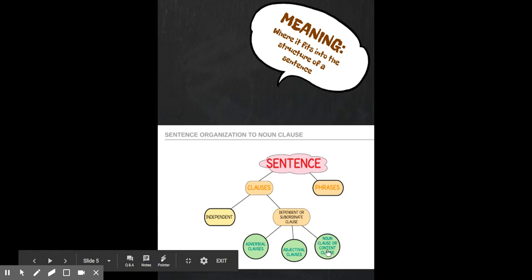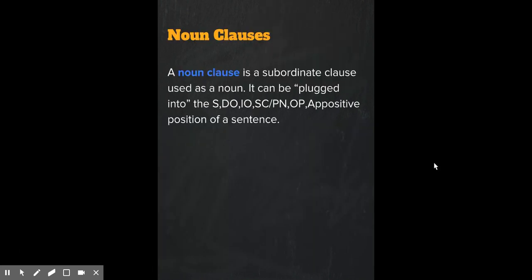Before we totally understand the complete definition, I wanted us to see the visual connection of where it all fits in the puzzle. A noun clause is a dependent or subordinate clause used simply as a noun. It's just replacing the noun.